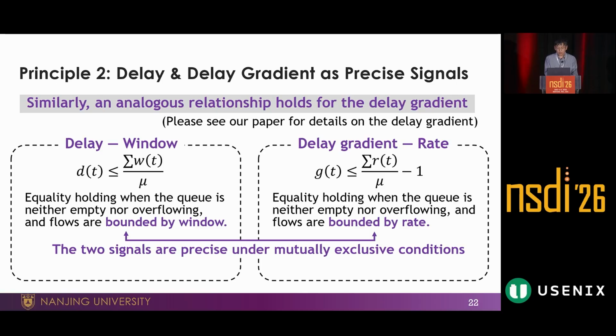Now we can notice the catch: a flow cannot be window bounded and rate bounded simultaneously. So these two signals are precise under mutually exclusive conditions. Our final solution is to use these two control loops together, which we will see later.